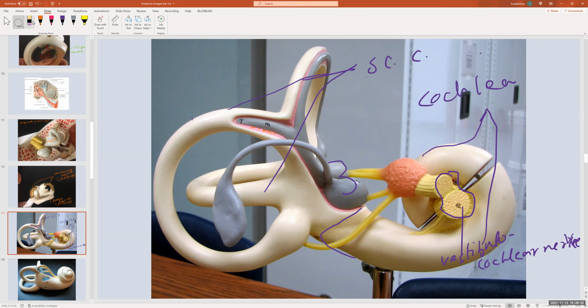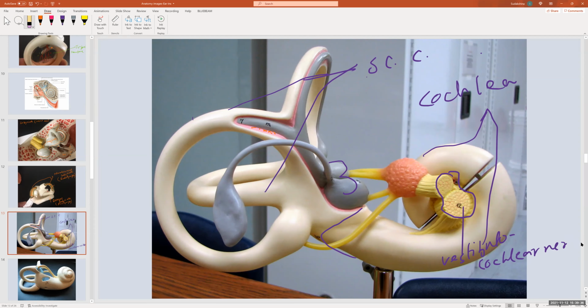Vestibulocochlear nerve. This vestibulocochlear nerve is divided into a vestibular branch and a cochlear branch, and you can clearly see which one is which. This whole thing is vestibulocochlear nerve. But look at this, it clearly bifurcates into two branches.